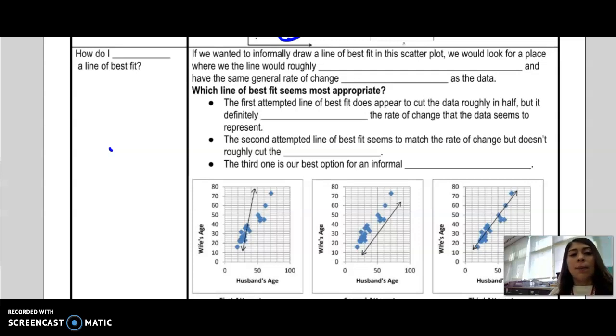Okay, now we're going to talk about line of best fit. So how do I draw a line of best fit?